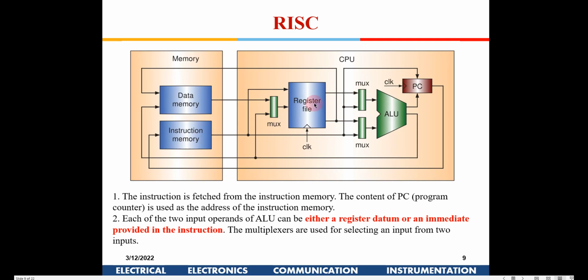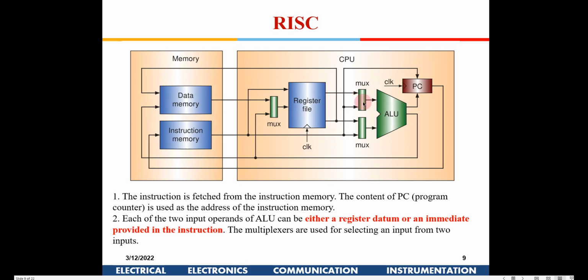Or you could have a register and an immediate, coming from the instruction memory. It is possible. From the data memory it is not possible, but from the instruction memory, for example, if I want to write some specific data into a register, say 10,000, that is an immediate figure, right? So that can be done.